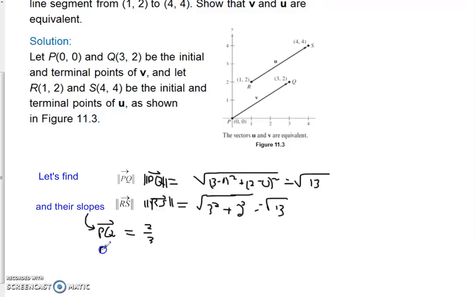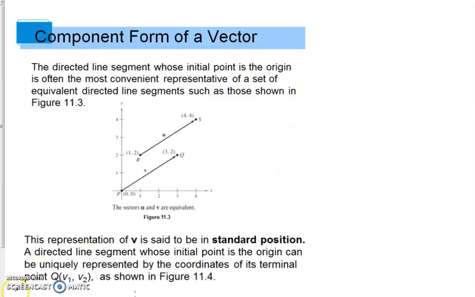And the slope of RS, we see here, the rise is also 2, the run is also 3, it's 2/3. Okay, so we can say they're equivalent, those two parts are the same.